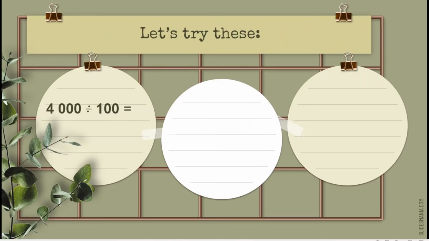The first step is to cancel all zeros in the divisor. We have 1 and another 1 in the divisor, so there are 2 zeros that have been cancelled in the divisor. Therefore, we will also cancel 2 zeros in the dividend.